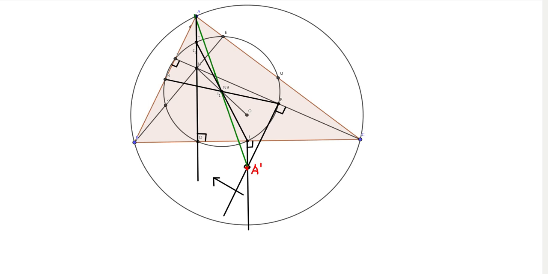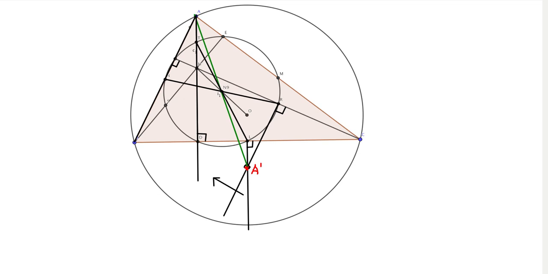So in other words, since R maps to, wait, did I draw that in the wrong place? No, sorry. So since R maps to N, and since the perpendicular bisector of CH and the line AB are parallel, and since N is on AB, that means that the perpendicular bisector of CH maps to AB.